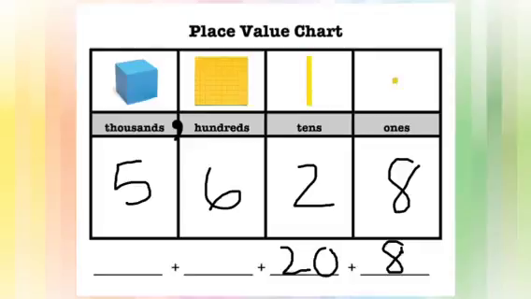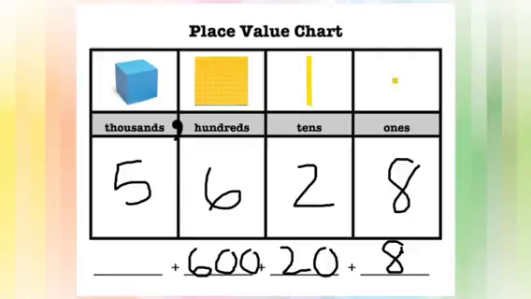Okay, so now I have this 6. Again, this digit 6 is smaller than this digit 8, but it's in the hundreds place, which is a lot bigger than ones. Just like a $100 bill is a lot bigger than a $1 bill. So this 6 is actually 600, because it would be like 6 $100 bills, which is equal to 600.